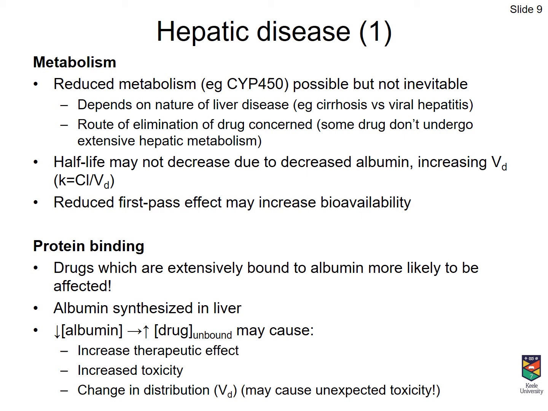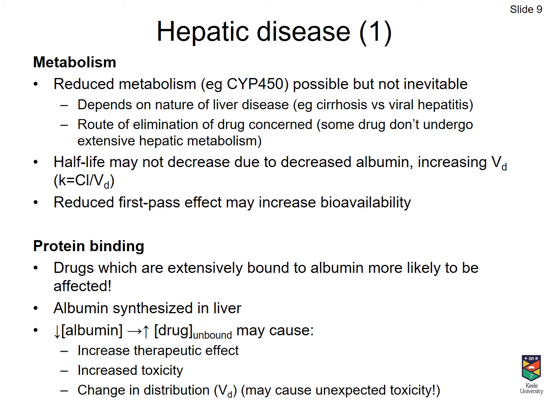If, for example, the drug is cleared renally without being metabolized, then hepatic disease might not have a significant impact on the rate of elimination. But for the purpose of discussion, let's just say today that the drug we're considering does undergo hepatic metabolism. So what's going to happen? Well, it's possible in that case that the reduced liver function is going to lead to a reduction in the rate of metabolism. But there's a complicating factor, and that is that it depends upon the nature of the liver disease.